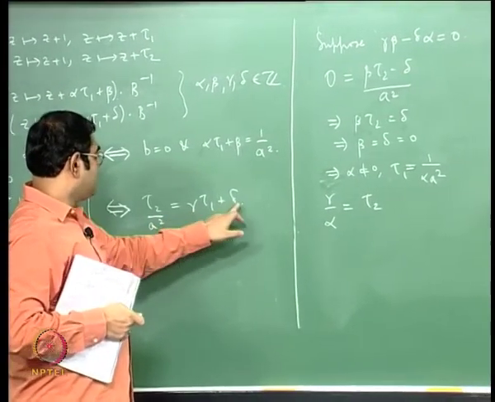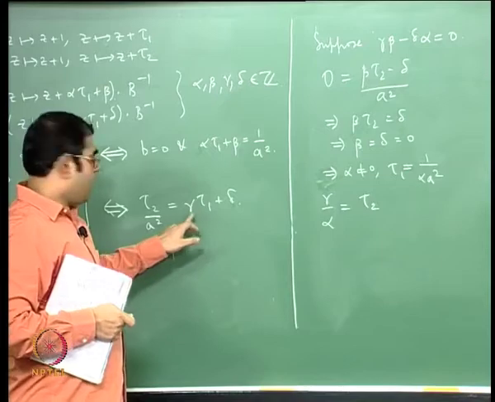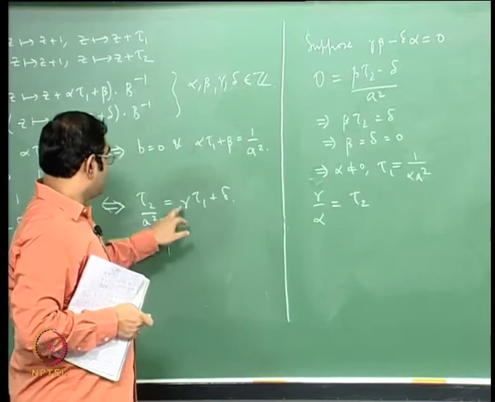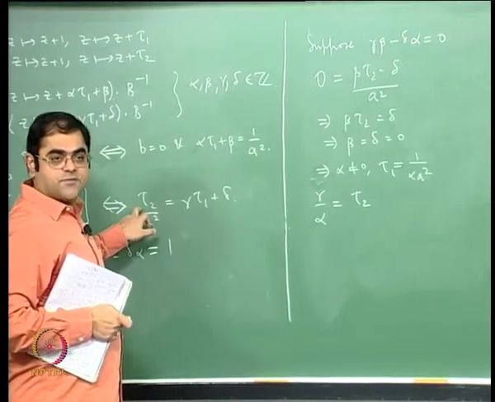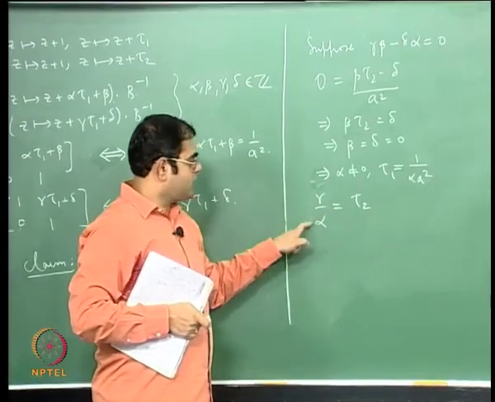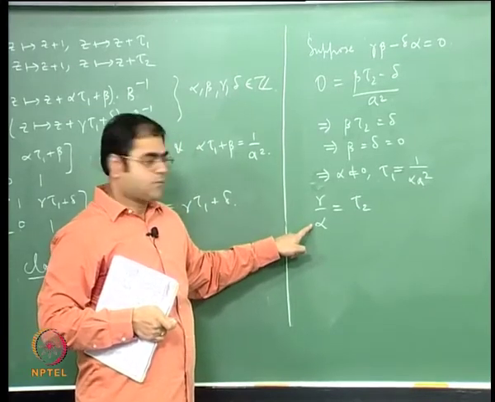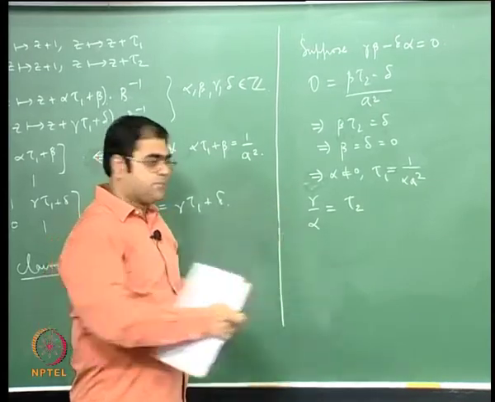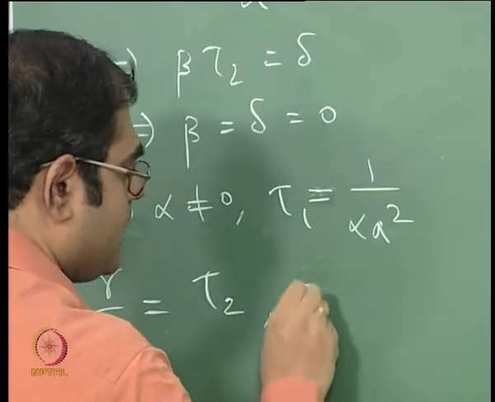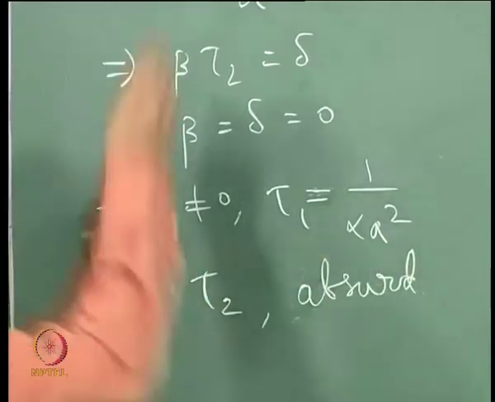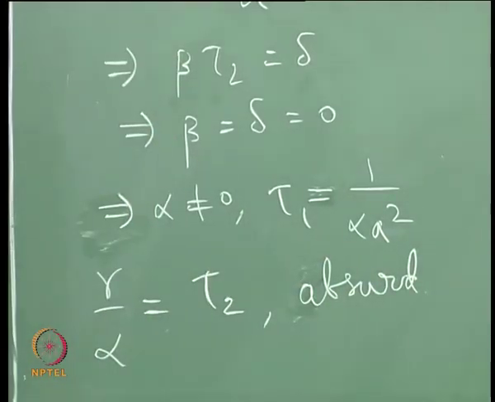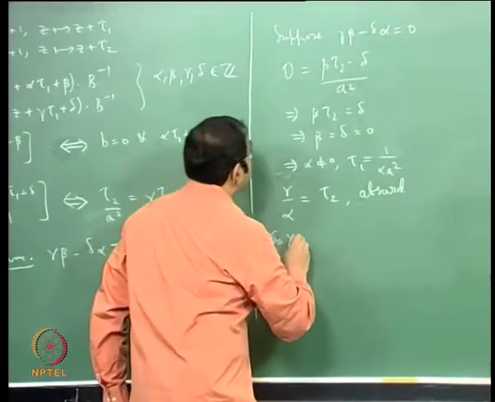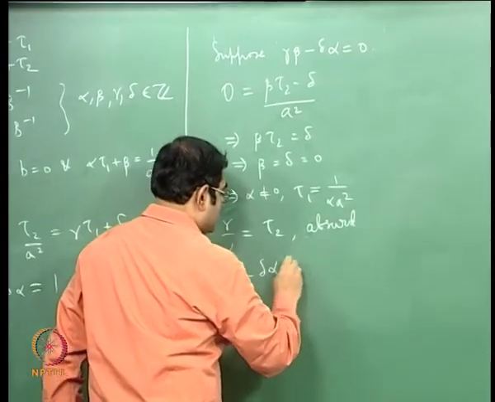I cross multiply this a squared, and a squared tau 1 I write as 1 by alpha, then I will get gamma by alpha equal to tau 2, which is again nonsense because now tau 2 becomes a rational number, gamma and alpha are integers, so that is not possible, absurd. So it is a very elementary argument to show that gamma beta minus delta alpha is non-zero.